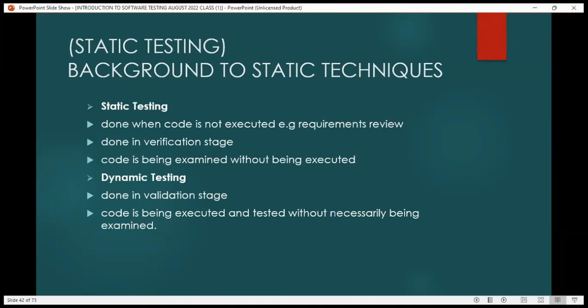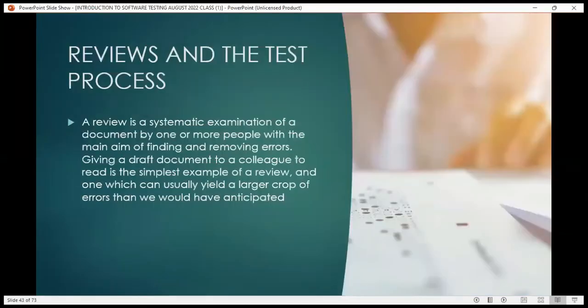Static is where you are just examining, you are reviewing documents, you are reviewing requirements. All these are the things done in the static stage. Dynamic is done in the validation stage, and code is being executed and tested. Review and the test process.